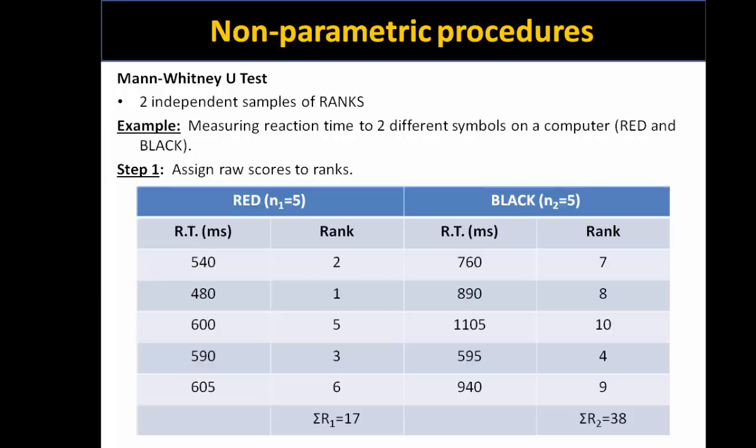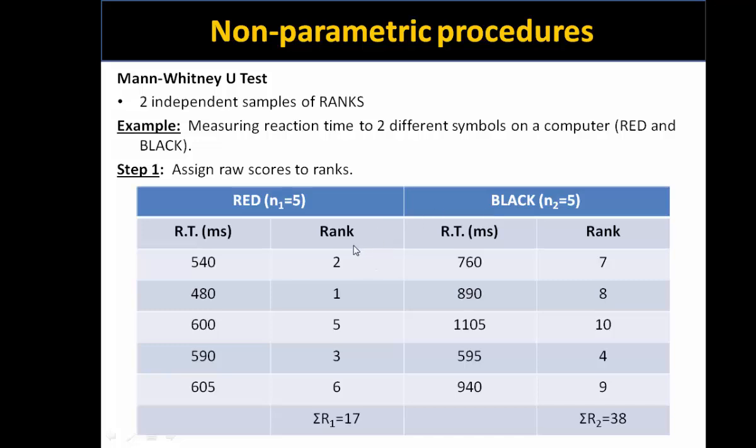So we would rank that as 1, 540 would be 2, 593 would be 3. What we see over here in the other group, the participant that had a reaction time of 595 milliseconds ranked as 4. So the rank ordering is not done independently within each group, it's done collectively for all the scores.